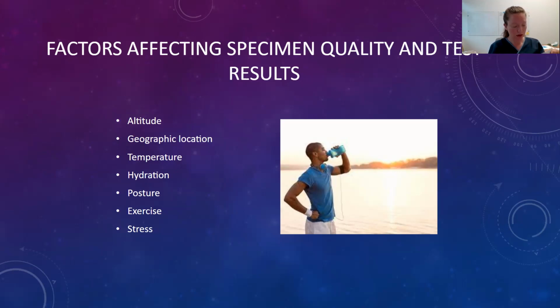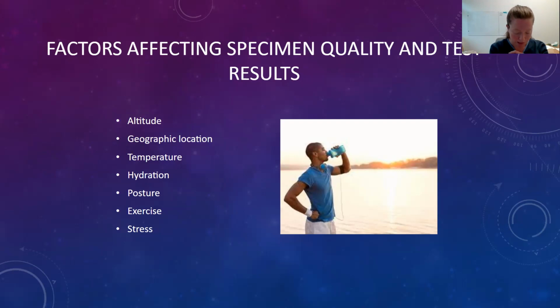So altitude. I'm not going to go too into detail on these, but basically, depending on what your altitude is where you live, the normal reference ranges for various labs can vary. So we need to know that. Geographic location, we're talking what's in the water, what's in the air, pollution. These can change the composition of our body, right?